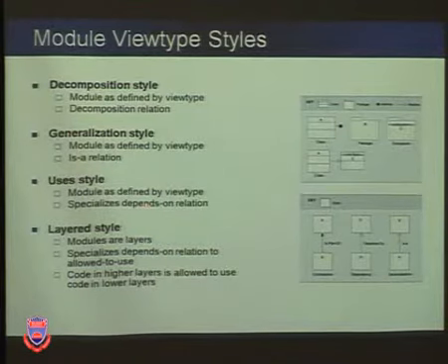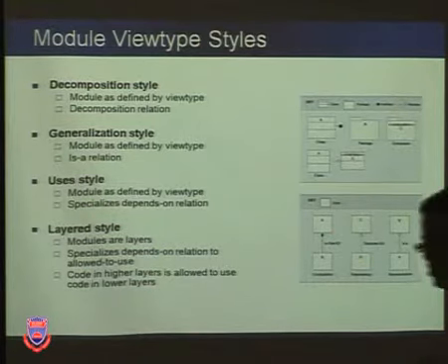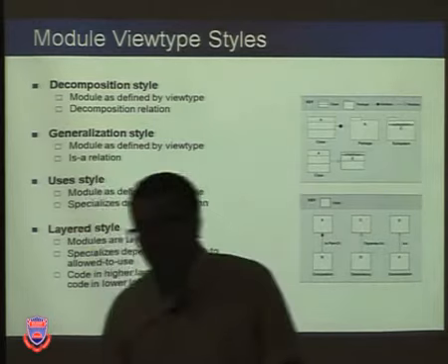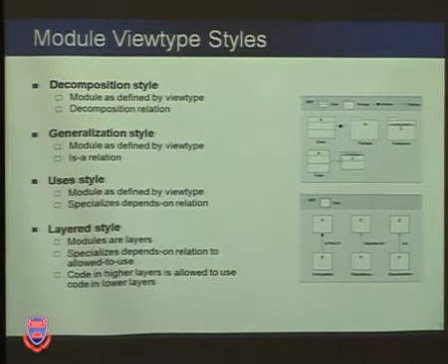Third one, user style. Module is again as defined by the view type, but it specializes the depends-on relation. It takes this relation, says you should just use this relation, but it also puts additional constraints on that relation. We will see how. Finally, layered style. The modules are layers.